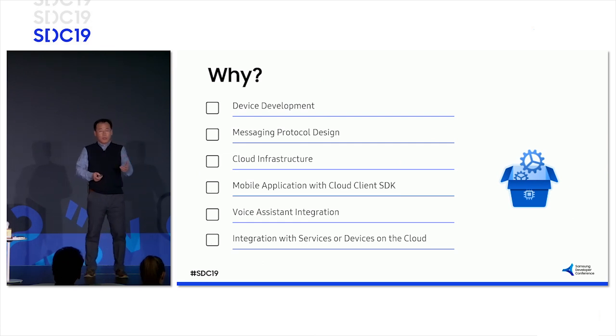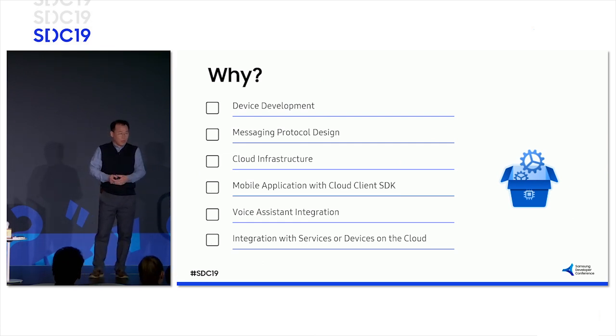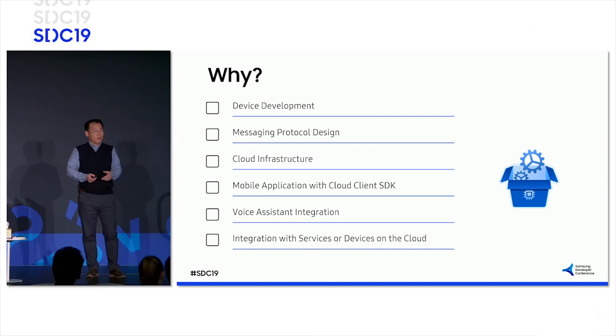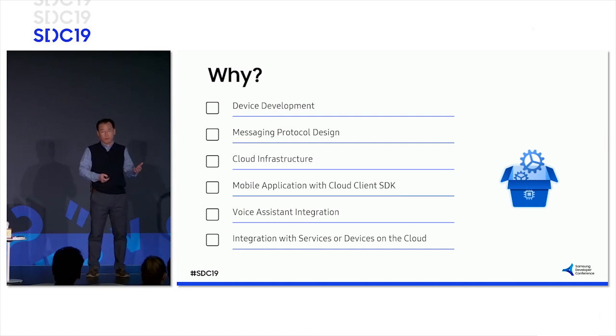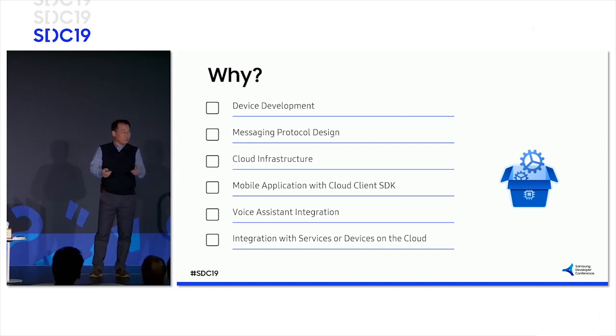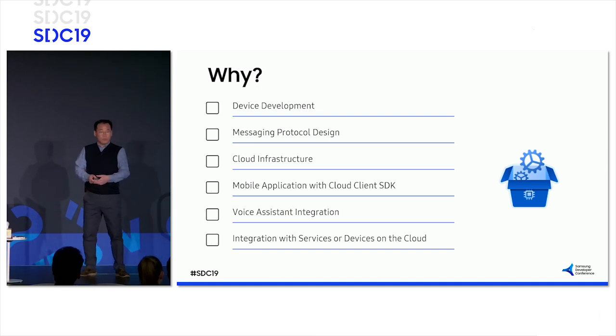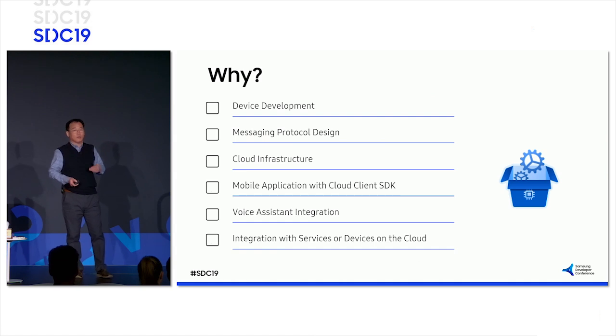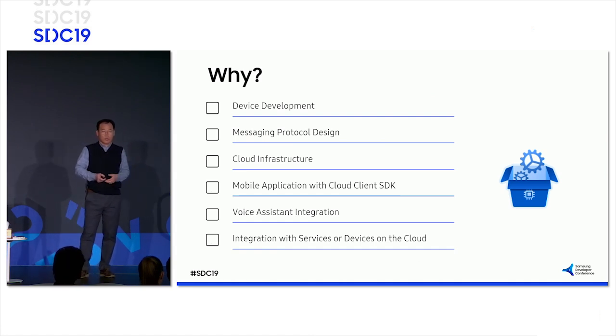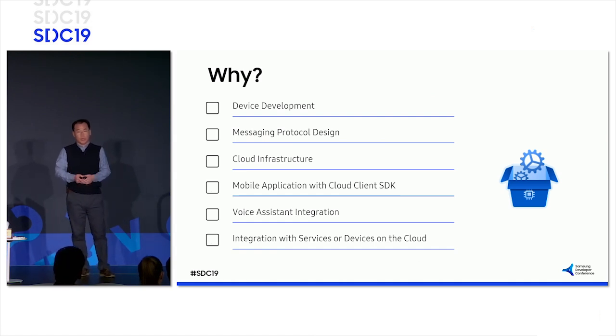Let's look at integrating an IoT device with the cloud, be it a smart lamp, smart plug, or switch. What do you need to do? First, you need to define a protocol for onboarding and controlling the device through the cloud with end-to-end security.